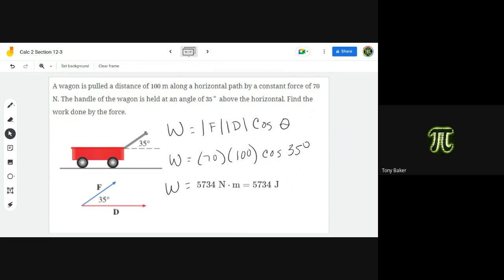Multiplying that all together, you get 5,734 newton meters, or joules.